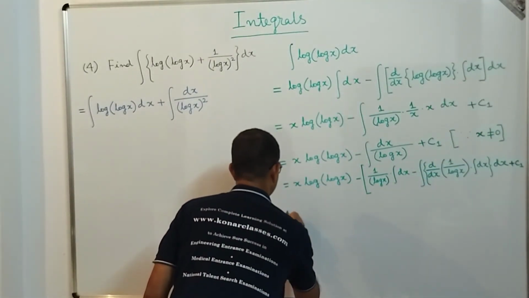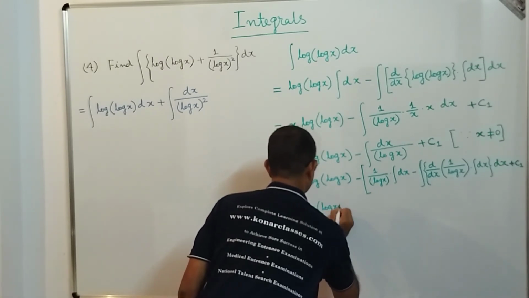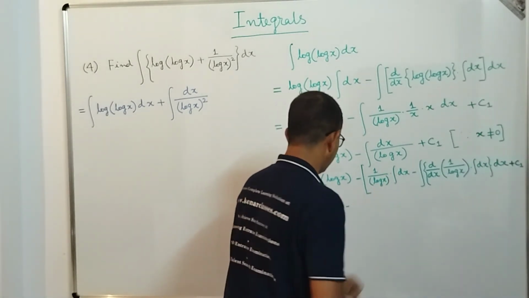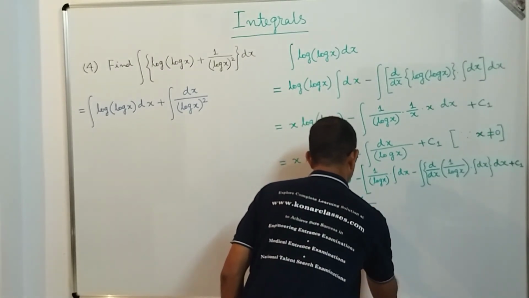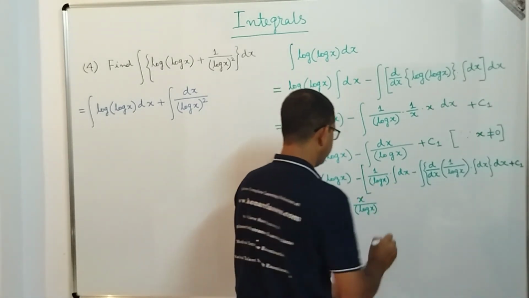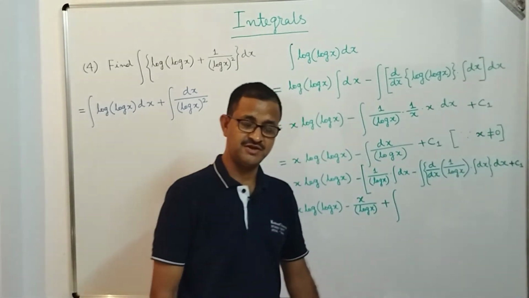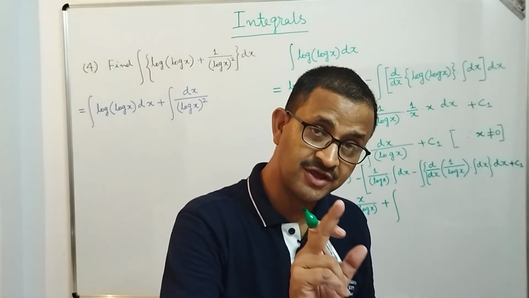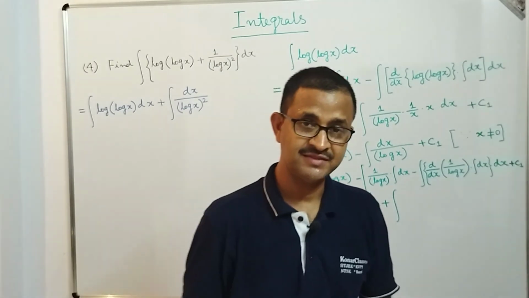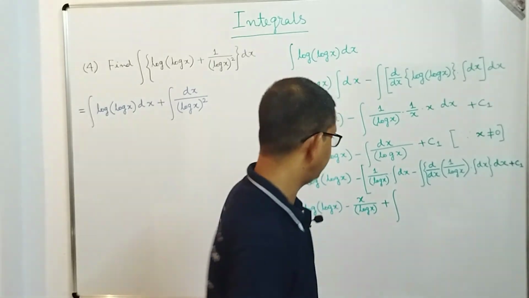So that is equal to x log x minus integration dx, that is x, so x by log x, so minus x by log x, then minus and minus become plus integration d/dx of 1 by log x. d/dx of 1 by log x means d/dx of log x power minus 1, that is equal to minus 1 into log x power minus 2, that is minus 1 by log x whole square into d/dx of log x, chain rule.